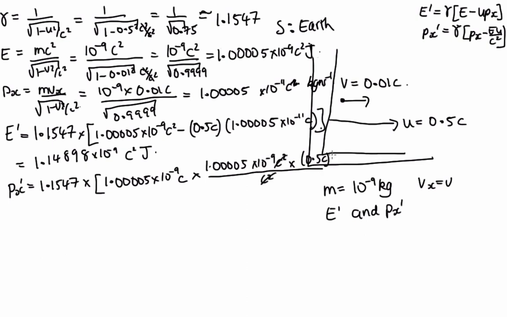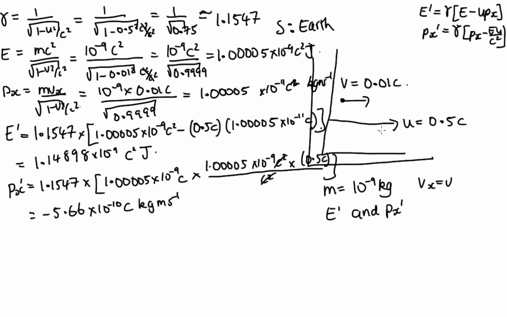Those will cancel. And so solving this one on the calculator, we end up with minus 5.66 times 10 to the minus 10 c kilogram meters per second.